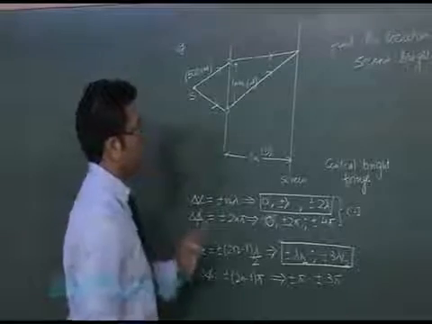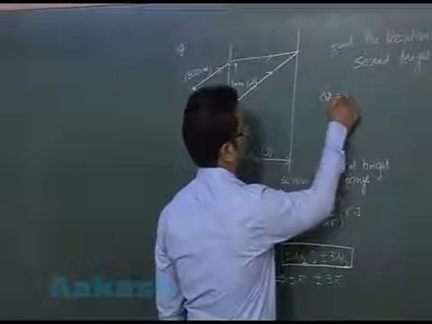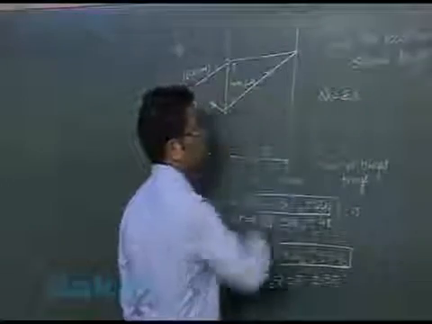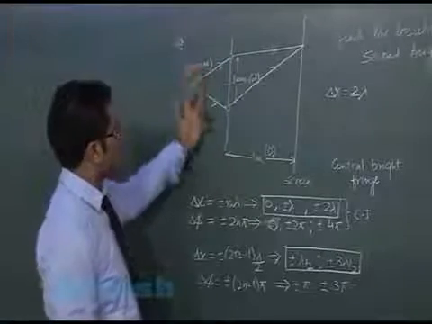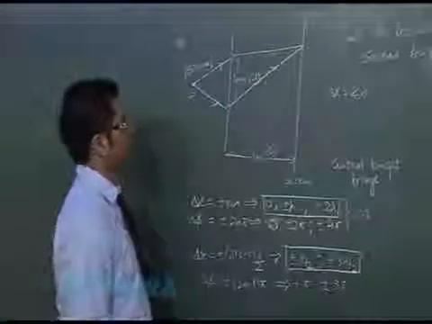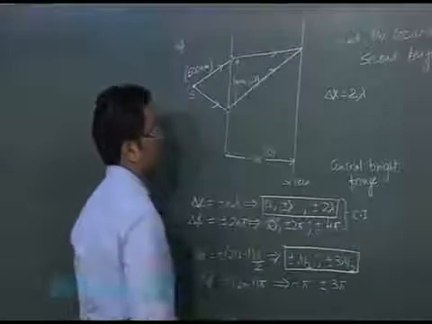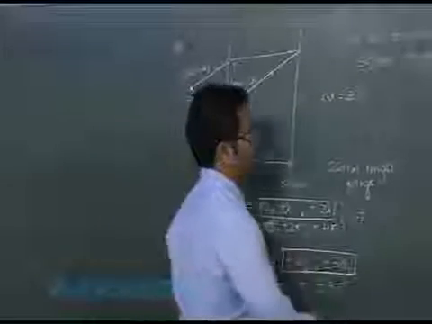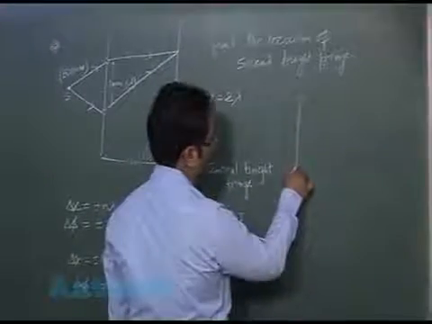So the whole game plan has now reduced to searching that point where the path difference is 2 lambda. This side, there is no path difference. So the only path difference is here. So we'll use the same technique now. Let me draw the inner one now.